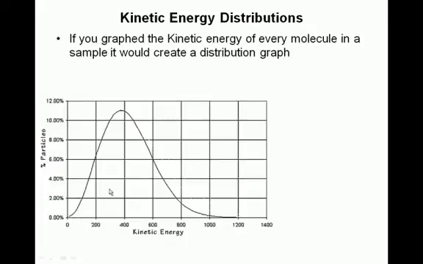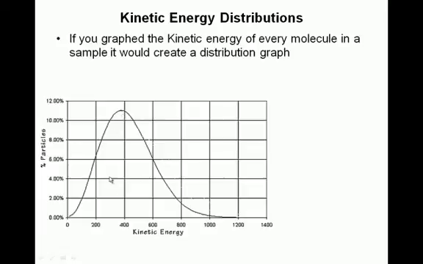So here's what we call a kinetic energy distribution graph, where each molecule is represented. Most of the molecules have a kinetic energy on this particular graph of 400, 380 or something like that.